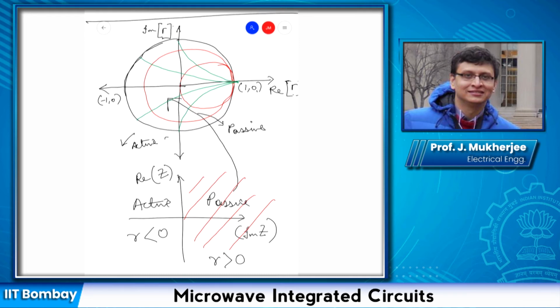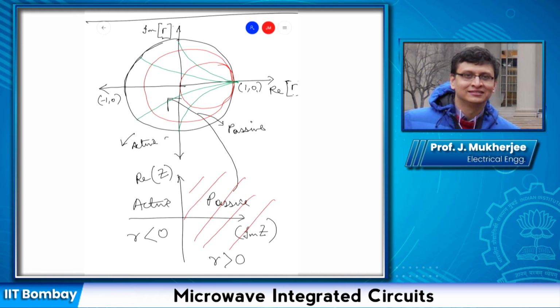The advantage of this operation is that it helps us visualize all passive devices within a limited region. Whereas on the Z plane, the region occupied by passive devices is infinite, right? That makes it difficult to visualize all impedances. Here, we have put all the impedances of passive devices at a single place. Whether it's infinite, it is also here. Whether it's 0, that is also here.